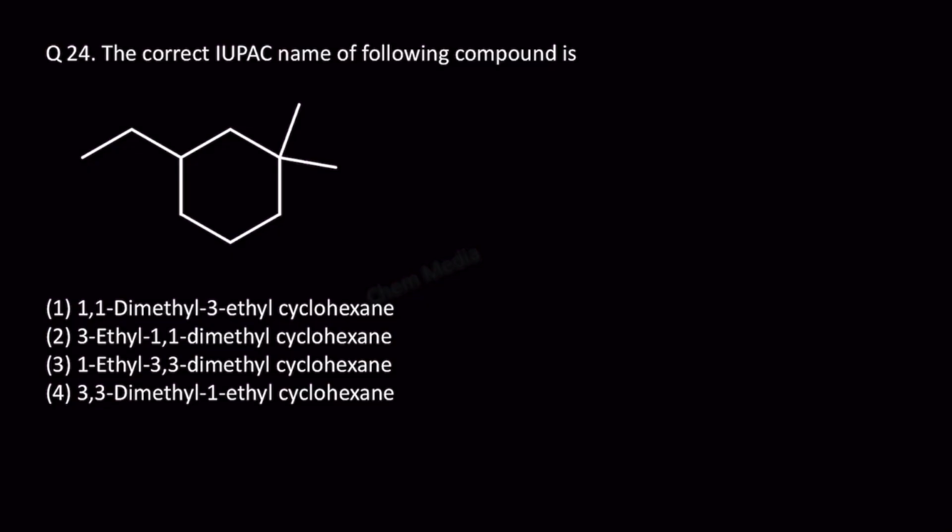Before we solve this problem, let me ask this question. Let's say you have a molecule like this. How do you name that? If you have a molecule like that, then 1, 2, 3. That's the numbering scheme you would follow, because as per the alphabetical order, ethyl should come first.